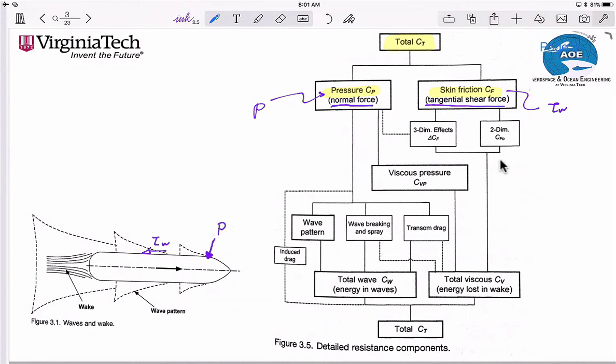The skin friction is easy to understand in context of a two-dimensional flat plate. Okay, and typically this comes from the ITTC friction line, which says that C sub F0 is equal to 0.075 all over the logarithm base 10 of the Reynolds number minus 2, quantity squared.